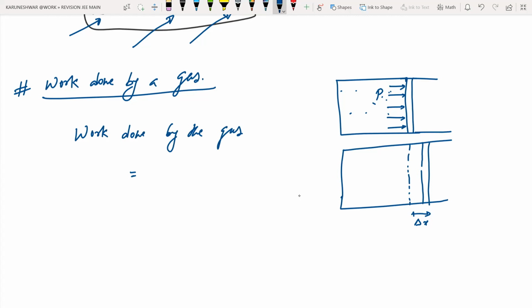According to the definition of work done in mechanics, it is F dot dr, or delta R.